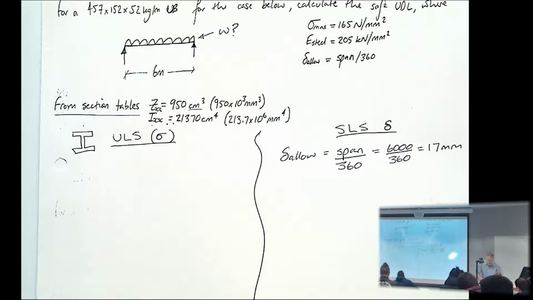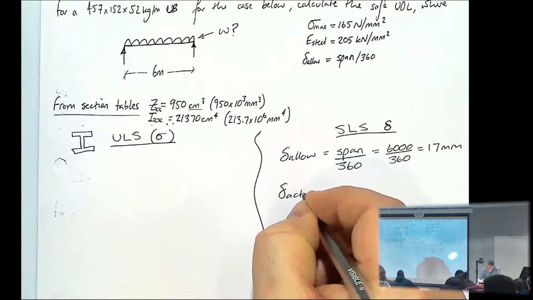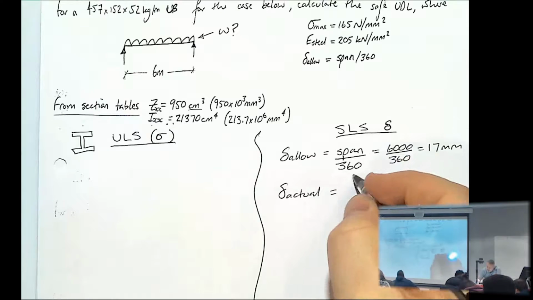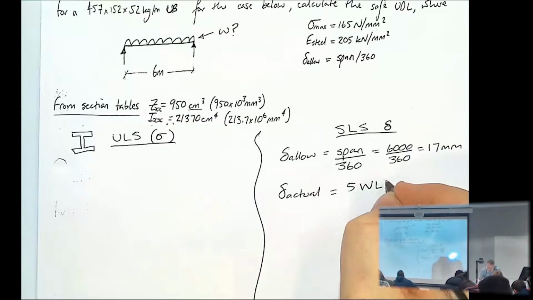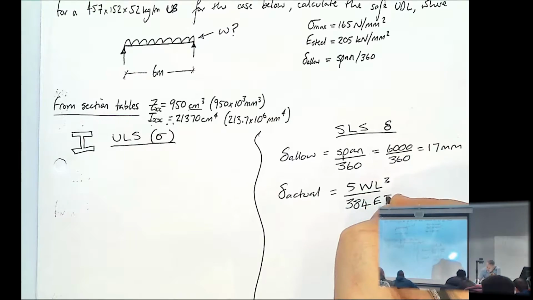Looking at the tables at the back, we've got a simply supported beam with a UDL. Our actual deflection is 5WL cubed over 384 EI.